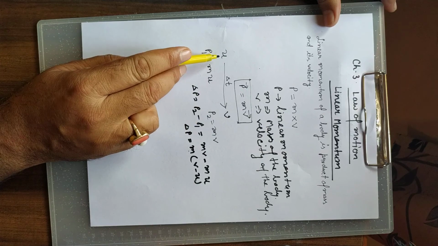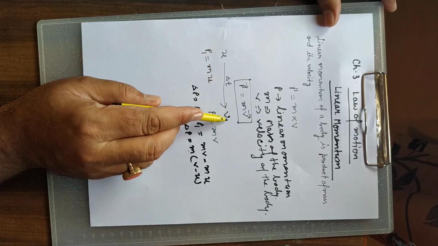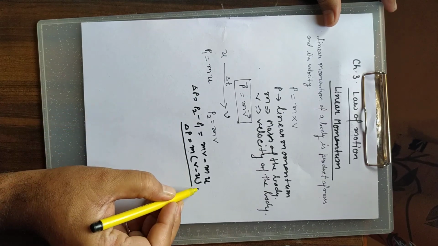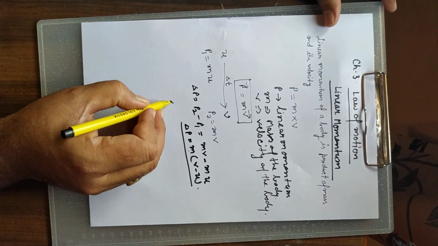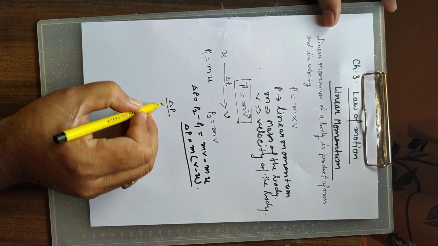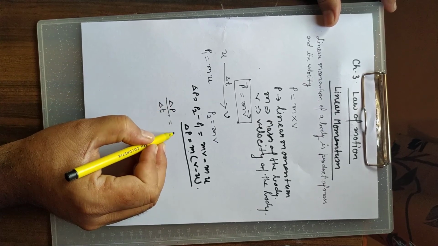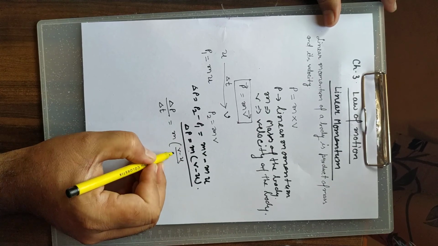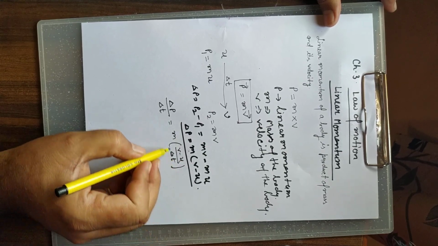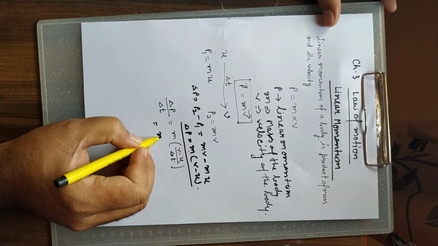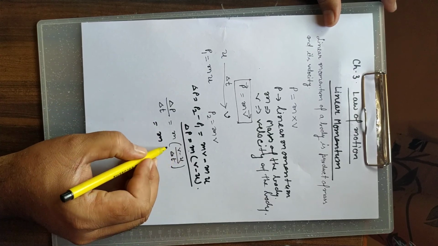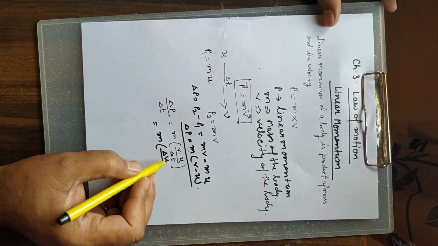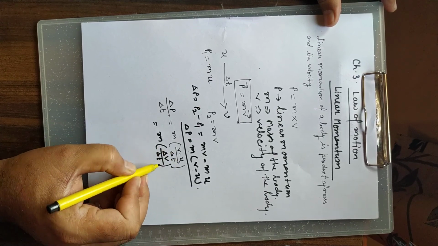The velocity of the body is changed from u to v in time interval delta t. So dividing this equation by delta t, delta p upon delta t equal to m(v minus u) upon delta t, equal to m times (v minus u), the change in velocity, that is final velocity minus initial velocity, on time interval.